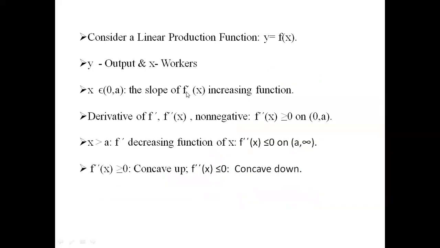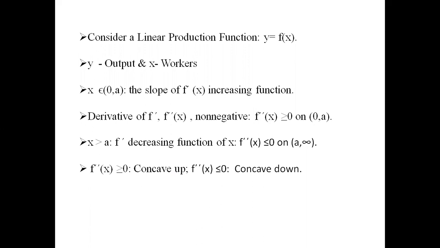In this function, we already discussed that we are considering a production function y equal to f(x), and we already see that there are two shapes of the graph of the production function. One is increasing: if you increase one additional input, worker or labor, then its response is greater, the marginal product is high, and then the marginal product will decrease.